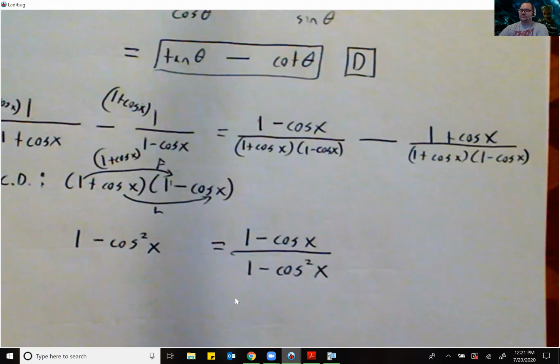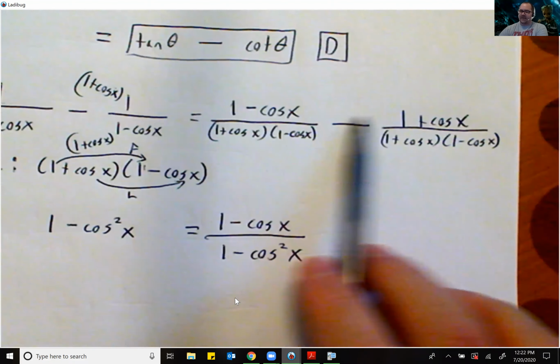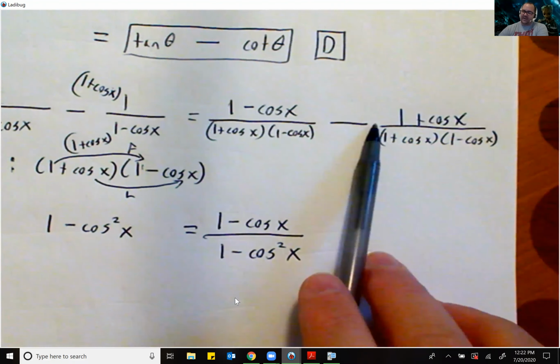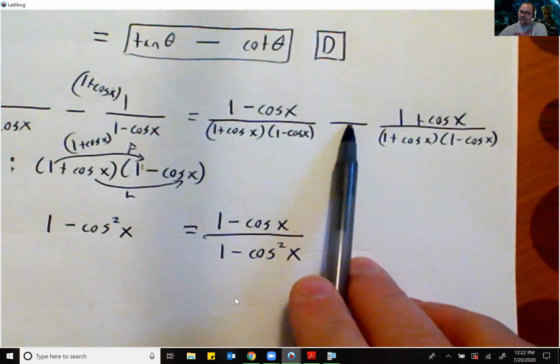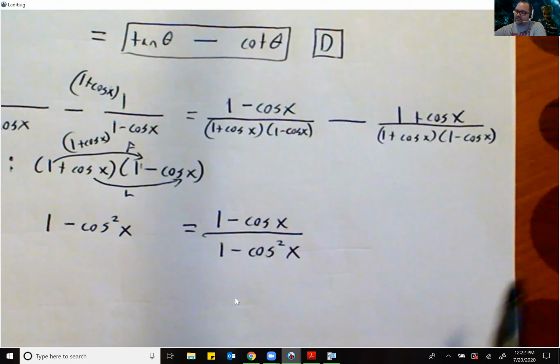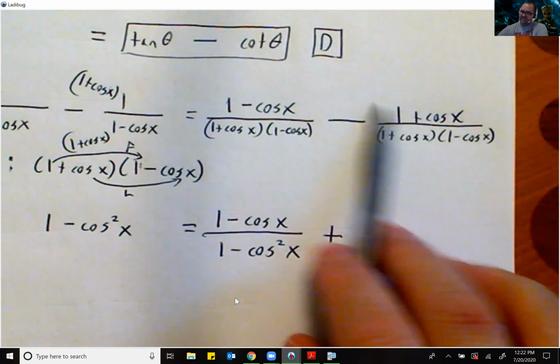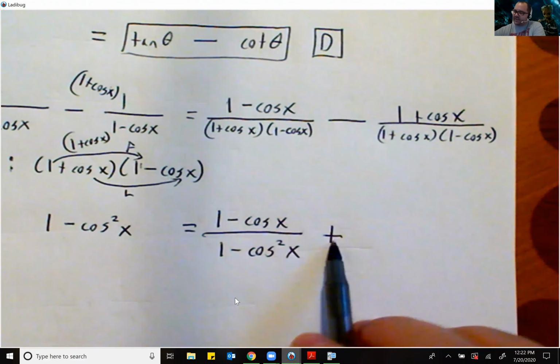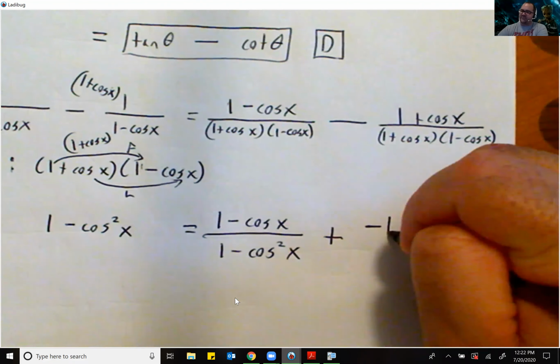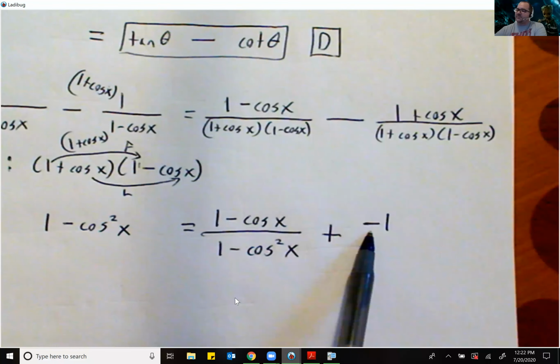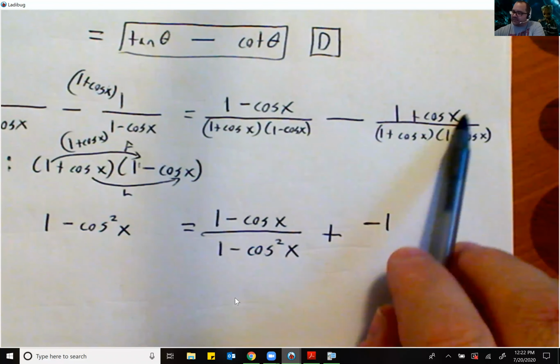And I'm going to take this subtraction and change all these signs, because you got to be careful of that, since we are subtracting off all of this numerator. When I take the opposites, the minus turns into a plus, and that gives me a negative 1, because the opposite of a positive is a negative, and the opposite of a positive cosine is a negative cosine.